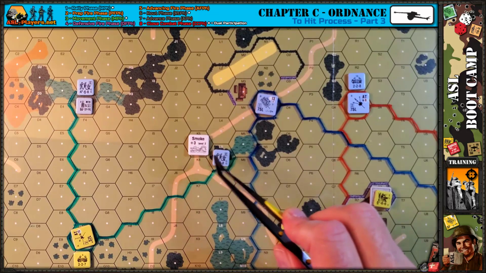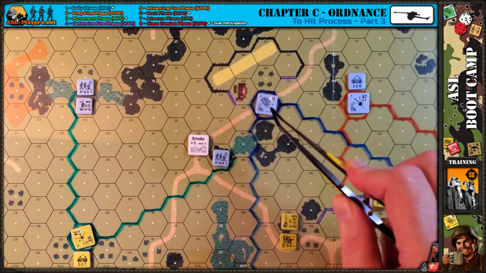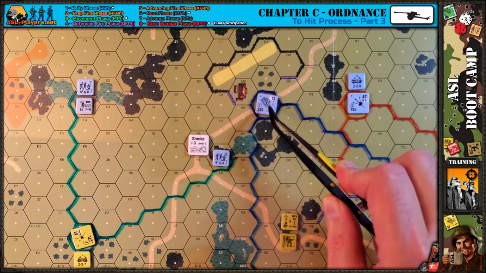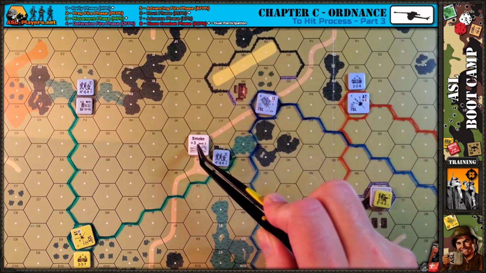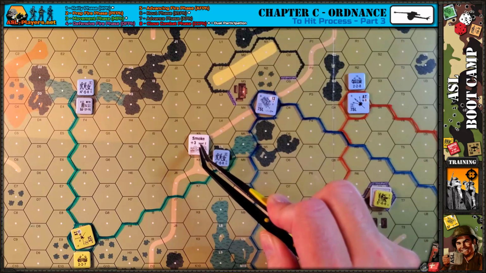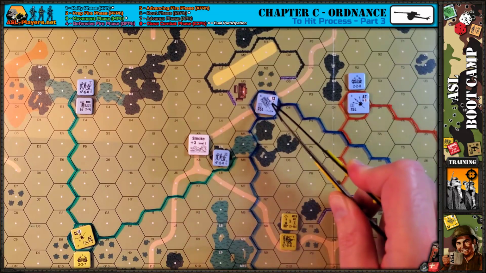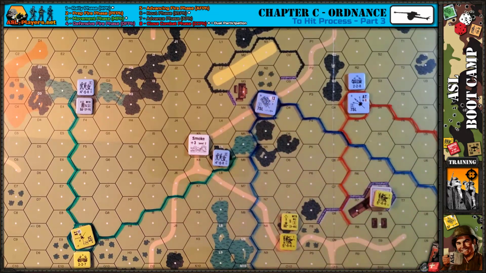Now, if he doesn't want to fire at these two targets, looks like the Stug 3, a nice juicy side shot on the Stug 3 here, but he's got smoke here as well. So he could fire AP at this Stug. And remember, if you're firing at an armored unit, you must use the vehicle target type.